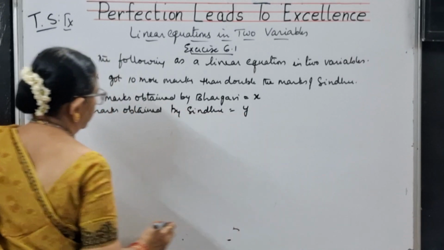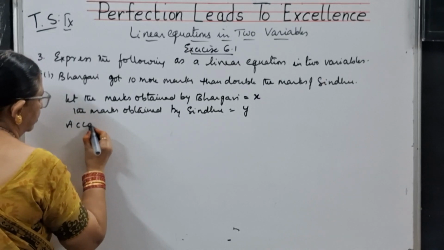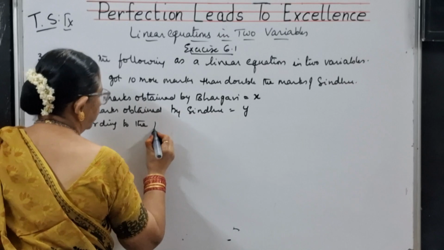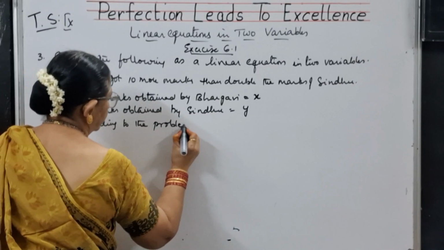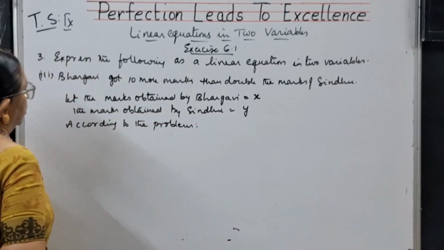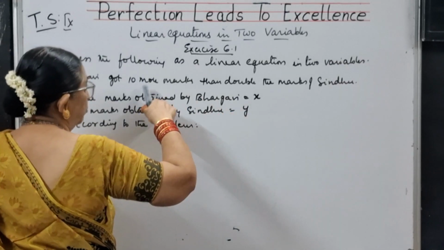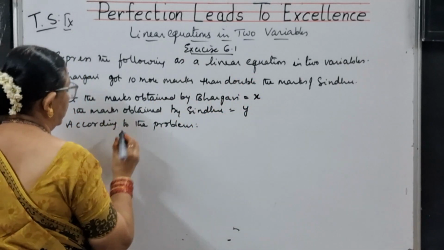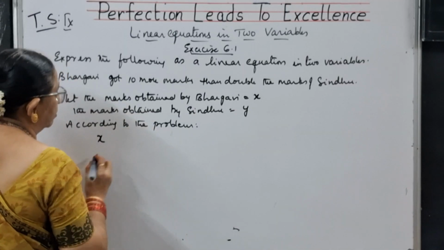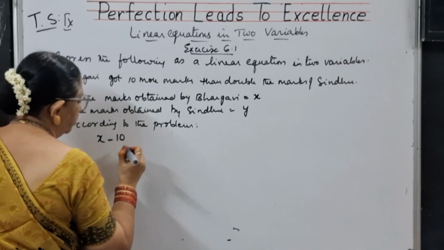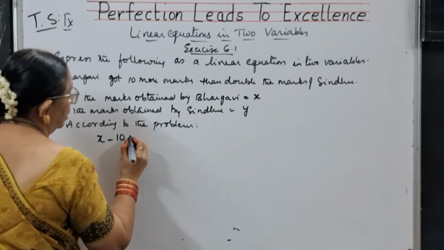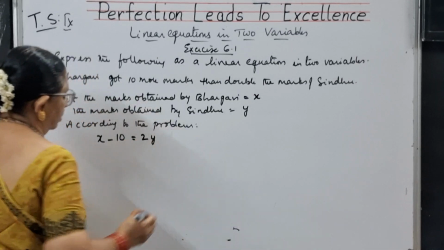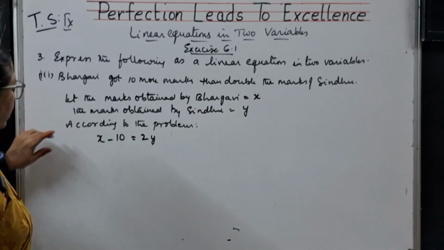Now what does the problem say? Let us understand the statement. Bhargavi got 10 marks more than double the marks of Sindhu. Means when from this you take out 10, then that will be equal to double the marks of Sindhu. I hope I am clear, children.